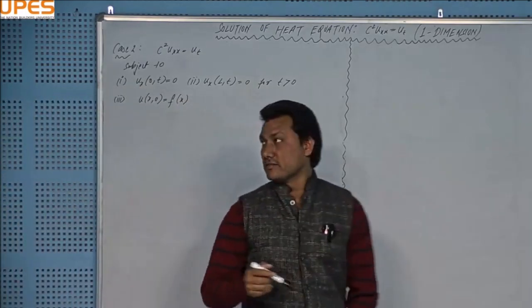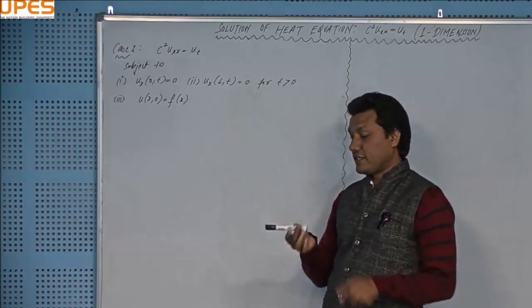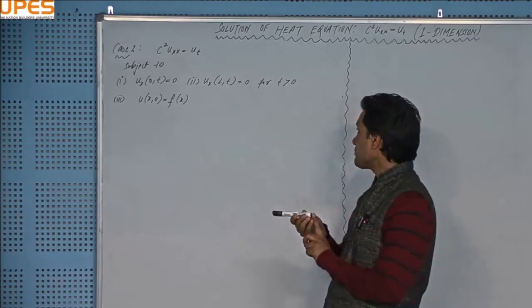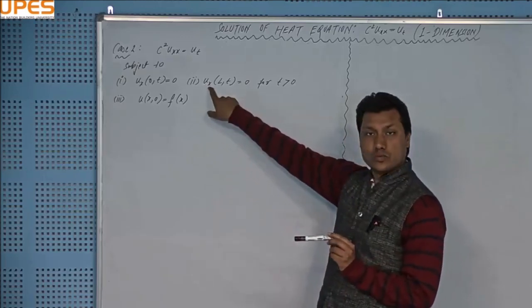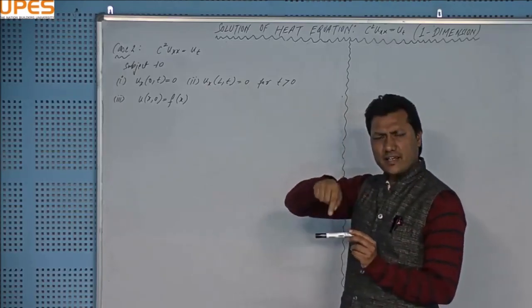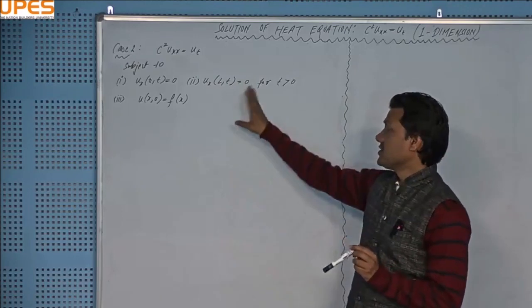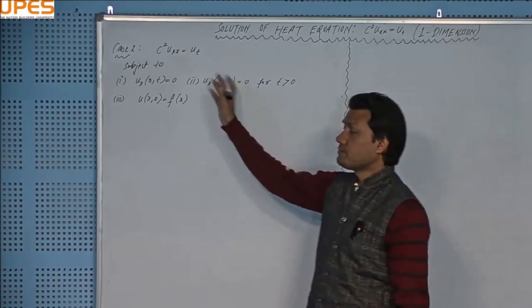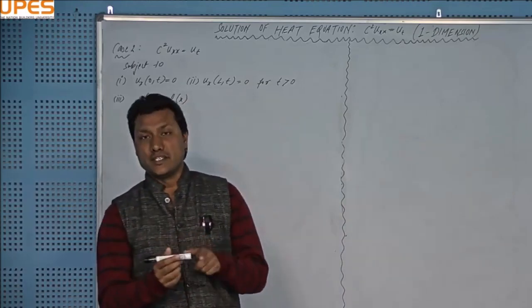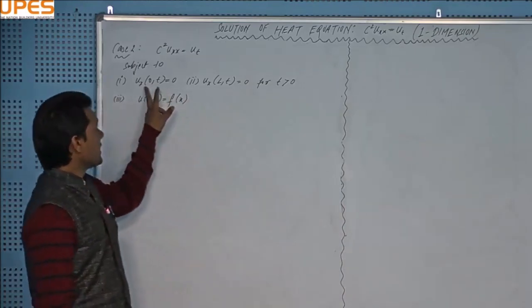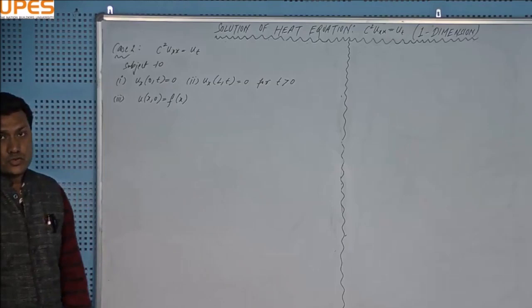And at the right end of your rod, the change of temperature with respect to x along the x-axis direction is 0, because both the ends are perfectly insulated. No heat can escape through both these ends. That's why del u over del x at both ends should be equal to 0.